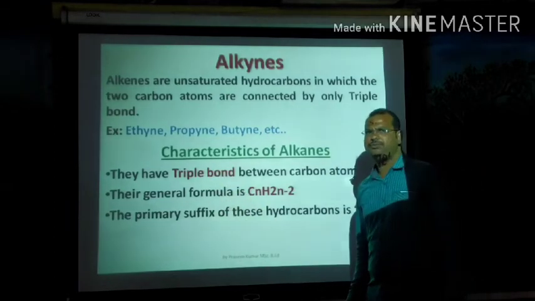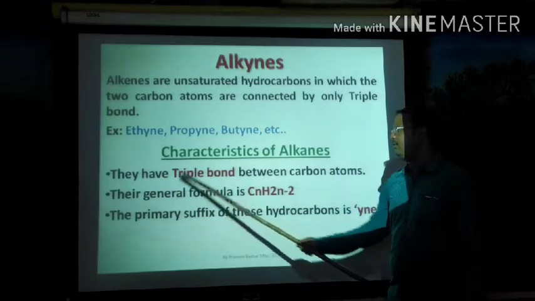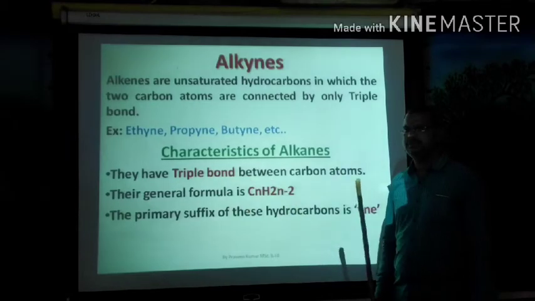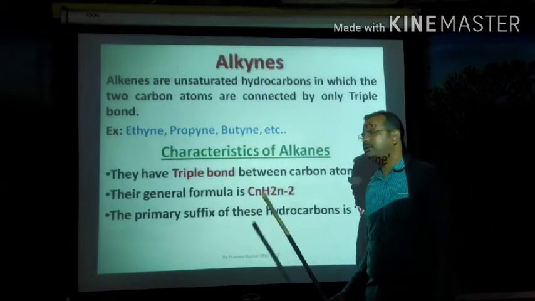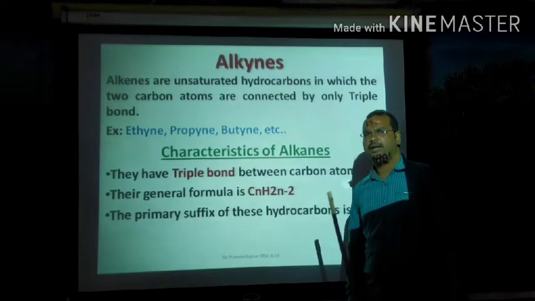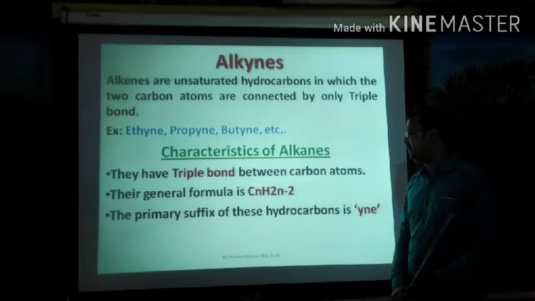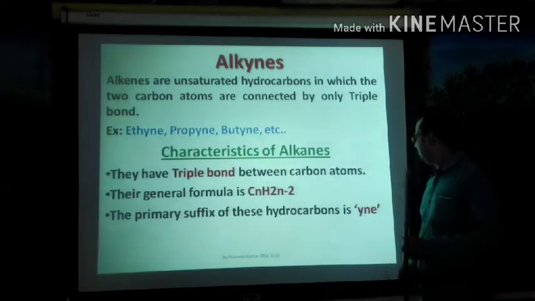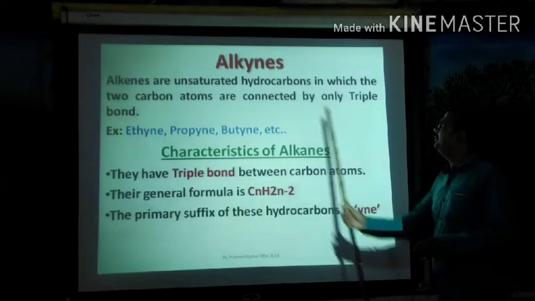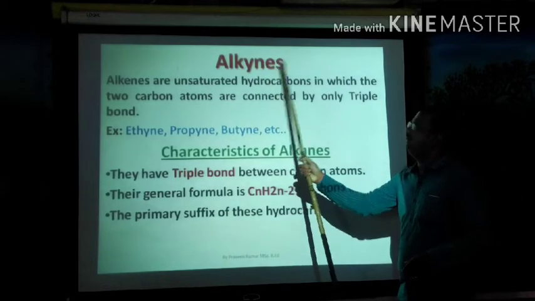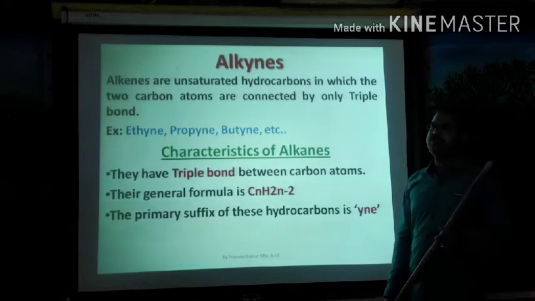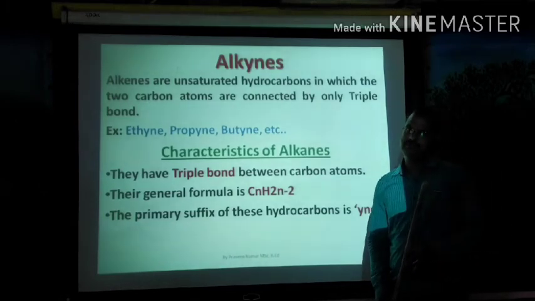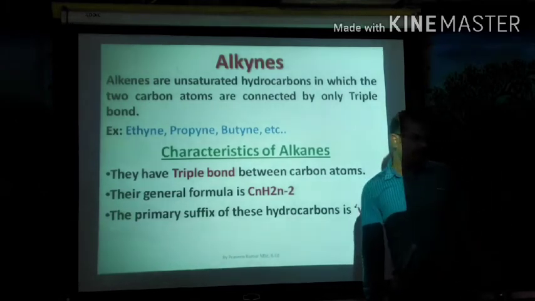The general characteristics of alkynes are that they have a triple bond between carbon atoms. The general formula is CnH2n minus 2. The primary suffix of these hydrocarbons is YNE. Let's go for examples.